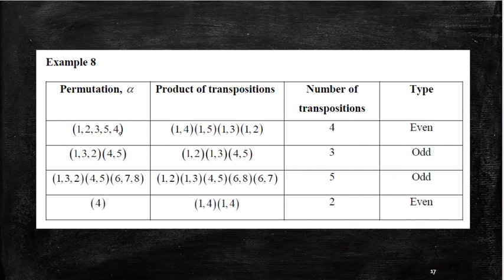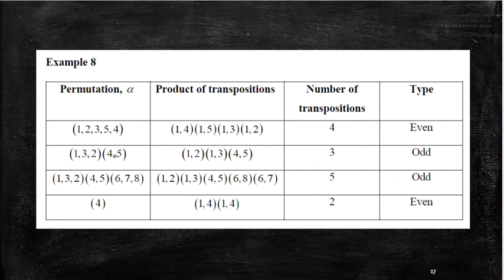We have (1, 4), transposition (1, 5), (1, 3), and (1, 2). That means we have 4 transpositions. That means it is an even permutation.